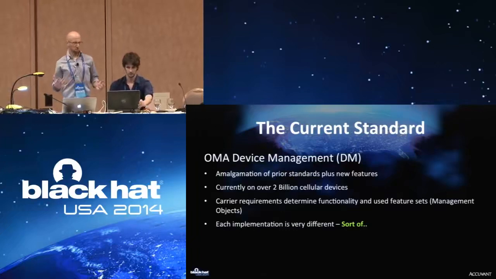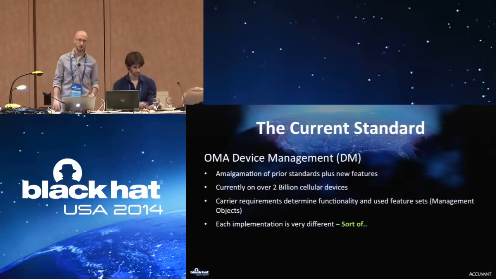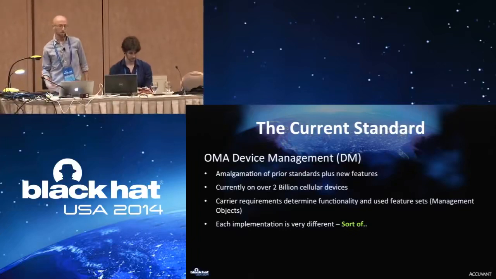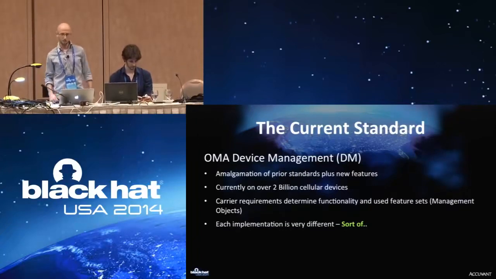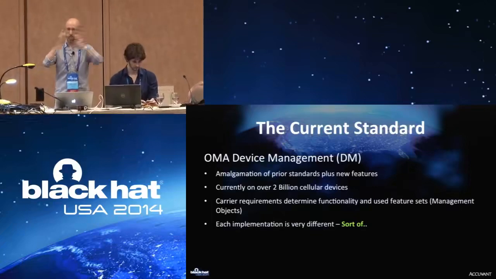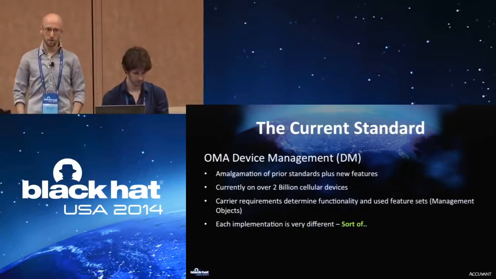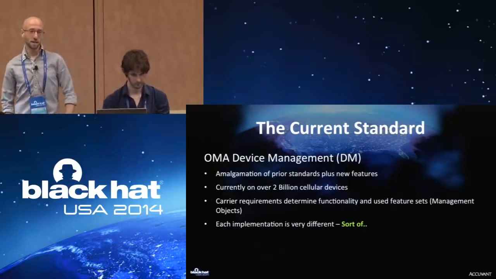There was actually a talk at Black Hat 2009 on OMA CP called Hijacking Mobile Data Connections. Good talk, definitely recommend checking it out. This new protocol, though, is now currently deployed on over 2 billion devices, according to stats we found online.